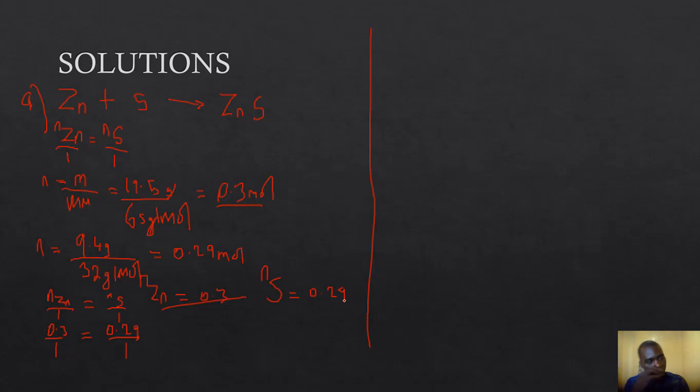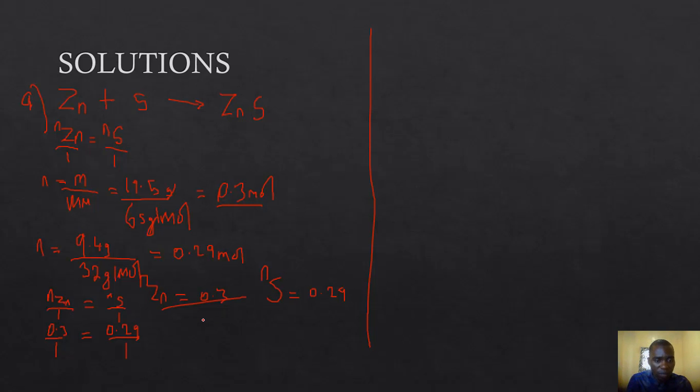So now remember, we are determining the limiting reactant, and from the definition, we learned that the limiting reactant is the one that gives you a smaller number of moles when you express in terms of mole ratio. So after expressing in terms of mole ratios, that's when you can determine which one is smaller. Because here we are dividing by 1, it remains 0.3, and also here by 1, it remains 0.29.